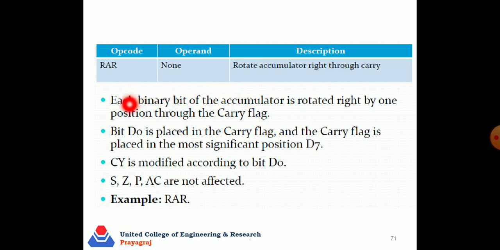It means each binary bit of the accumulator is rotated from the right hand side by one position through the carry.